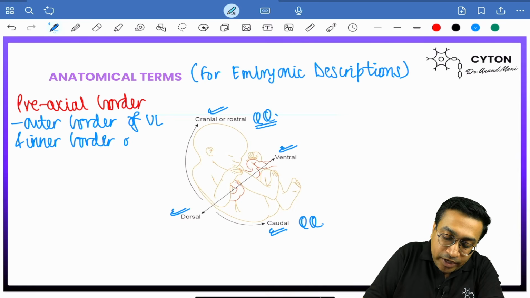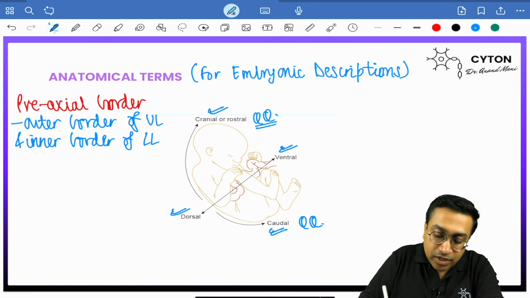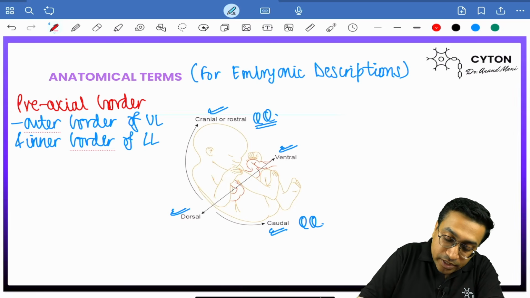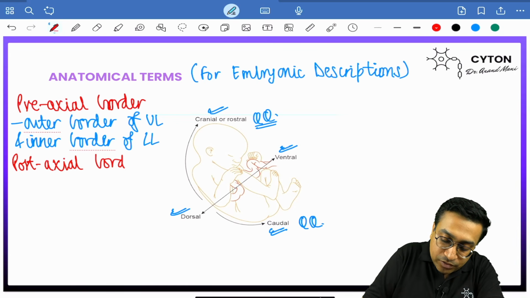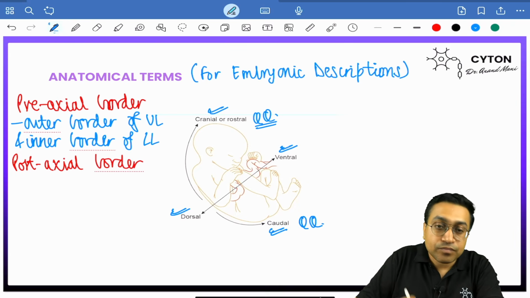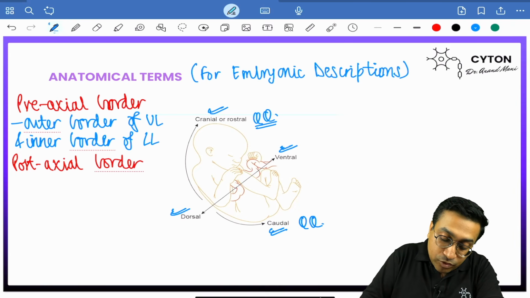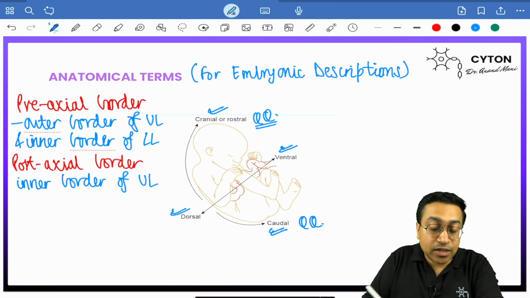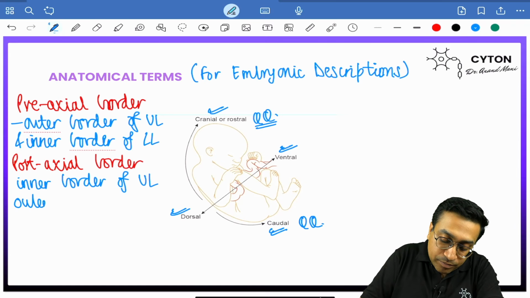In detail why it is there, that you will understand in the embryo part, we will discuss eventually. Okay, but right now just remember why it is pre and post. What is the pre and the post axial border? So post axial would become the inner border, opposite, inner border of upper limb. Okay, and the outer border of lower limb.